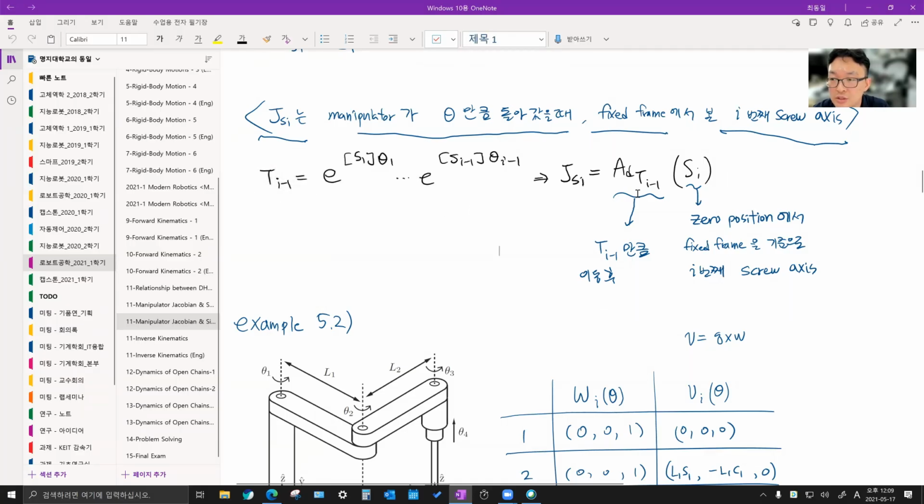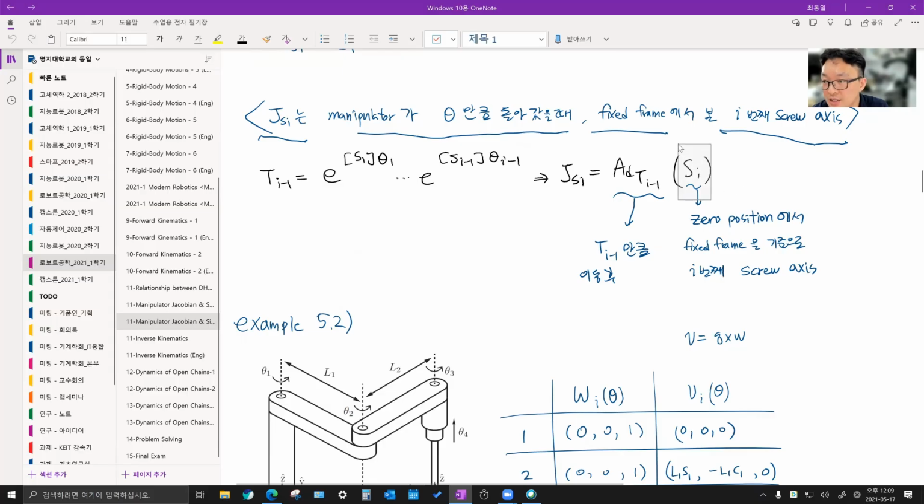So by using the other joint of this transformation matrix, we can change some screw axis to the other screw axis. So actually, JSI itself is a kind of screw axis, and this one is about the transform of SI.